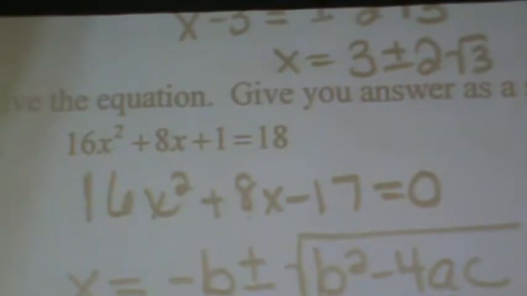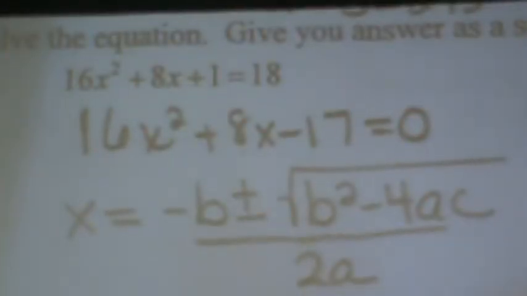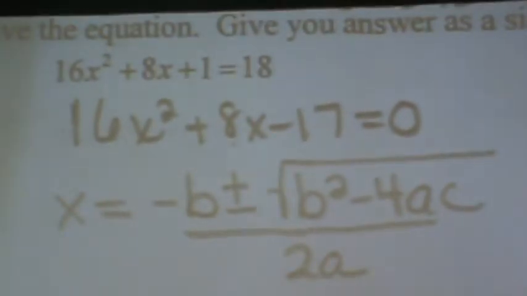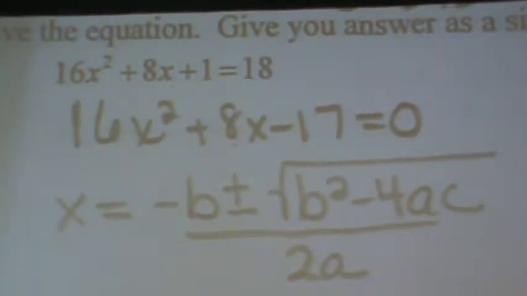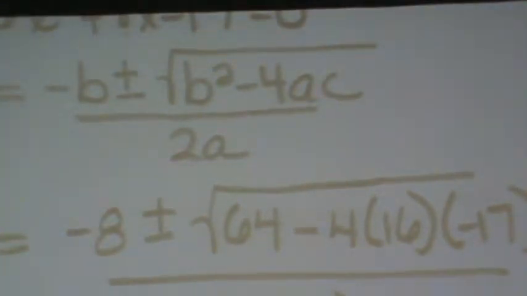You just have to know the formula. So it's negative 8 plus or minus the square root of 64 minus 4, and you can use a calculator, I'm not going to stop you, and then times negative 17, all over 2 times 16. And simplify it. Is everyone okay with this formula? Okay, I'm not gonna finish it, you can do that.